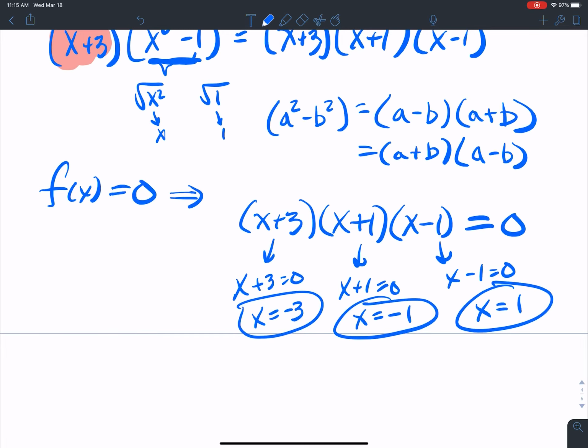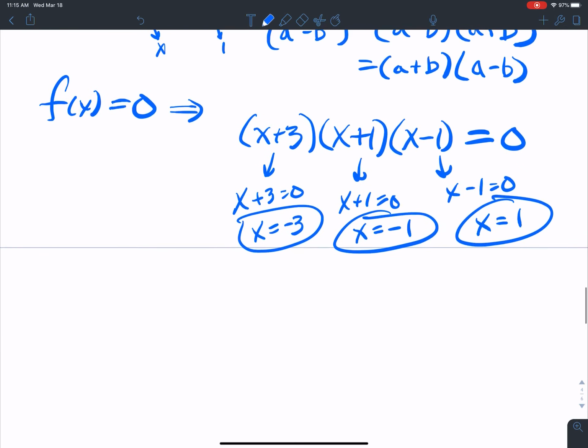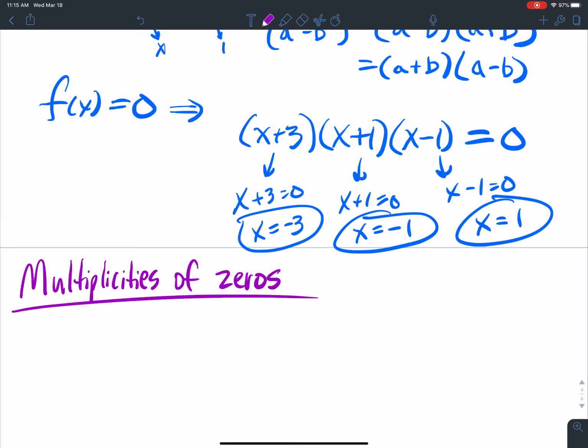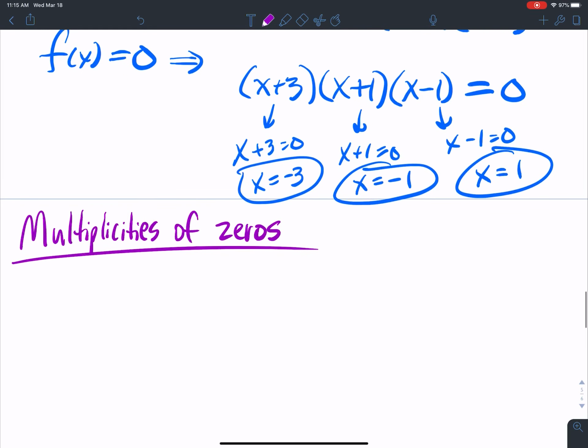Let's talk about multiplicities. Multiplicities of zeros.